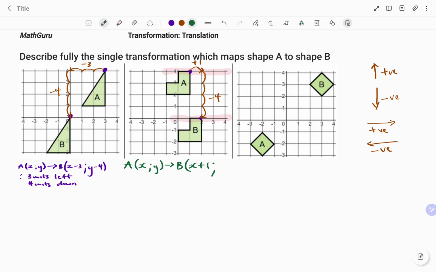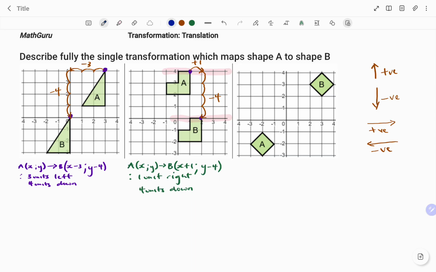So if I write that out, that's y minus 4. And if I write that in words, it means I've moved 1 unit to the right and 4 units downwards. That's 4 units down. Let's look at the last example.